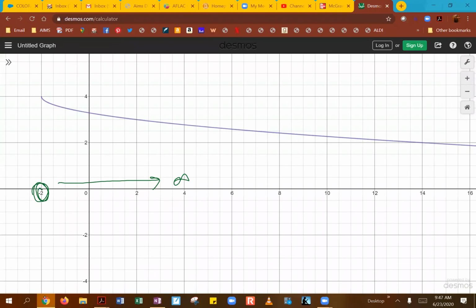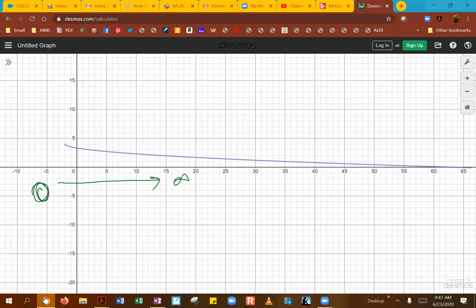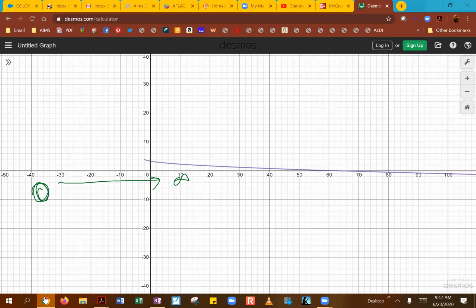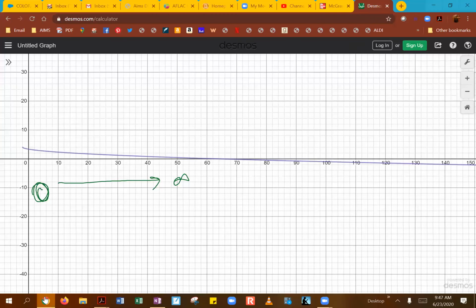Very good, Morgan. And then what can we say about the range? I don't know if zooming out will help you see. Negative infinity including 4. Yeah, very good, Morgan. And Mackenzie also sent us negative infinity before.